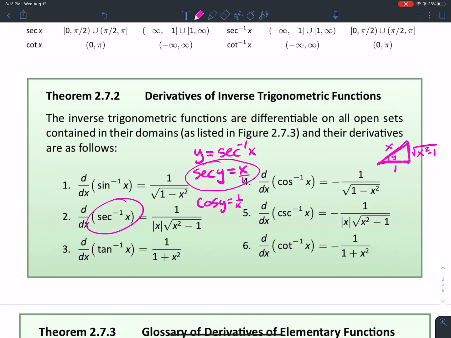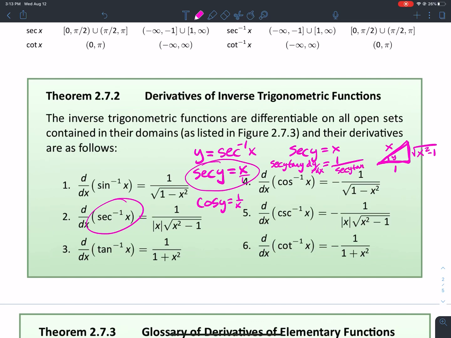And when I take the derivative, well, let's see. What if I have secant y equals x? The derivative of x is just 1, but the derivative of secant is secant y tangent y times dy dx. Okay? So I got to divide both sides by secant y tangent y.